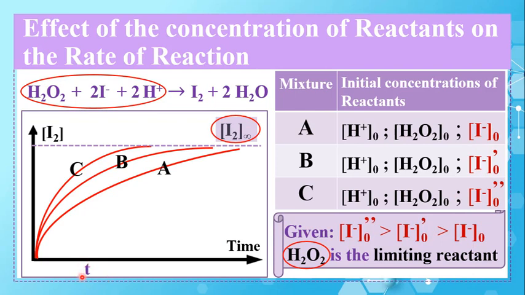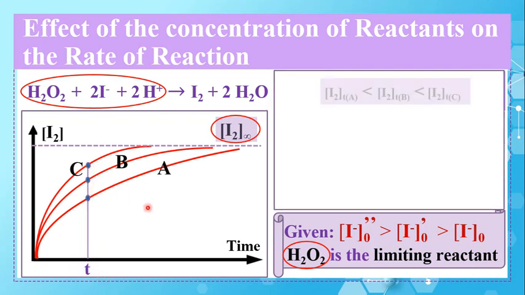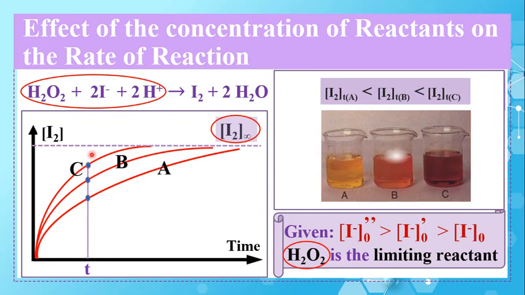Also, for the same instant t, we notice that the concentration of I2 in mixture A is smaller than that in mixture B, smaller than that in mixture C. This can be noticed also by the color of I2 that becomes darker when its concentration is the highest.